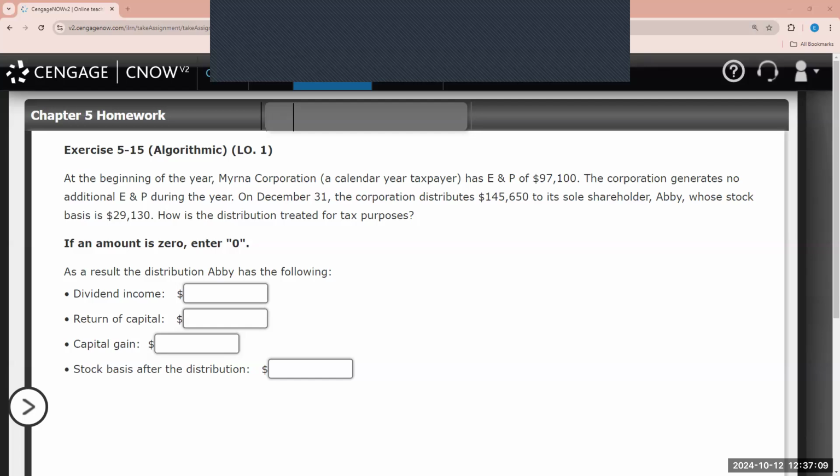So as we go through the fact pattern, we ultimately again need to determine how much of the distribution is going to be treated as dividend income, return of capital, or stock basis. So here we start off with this fact pattern as follows.